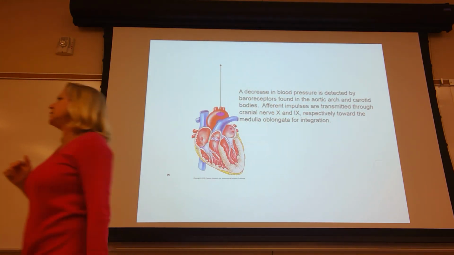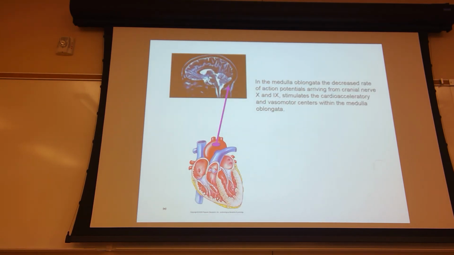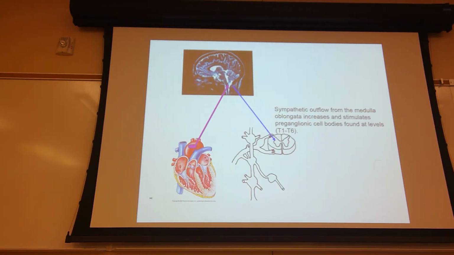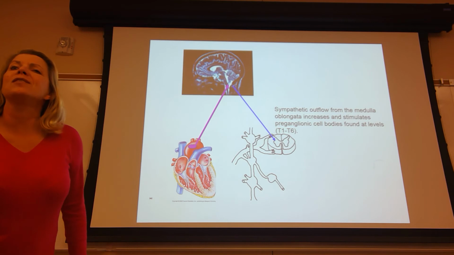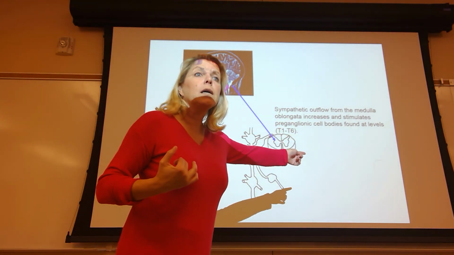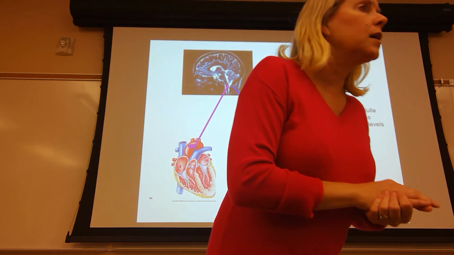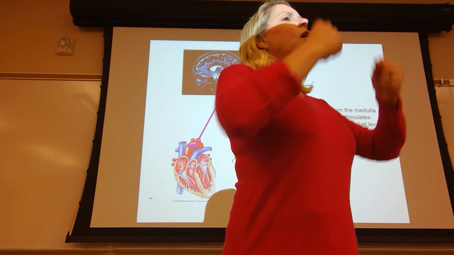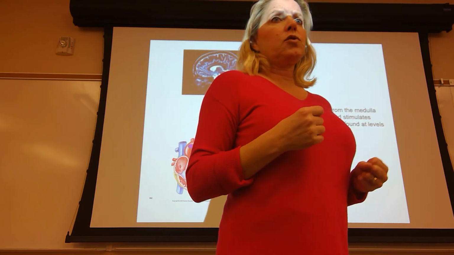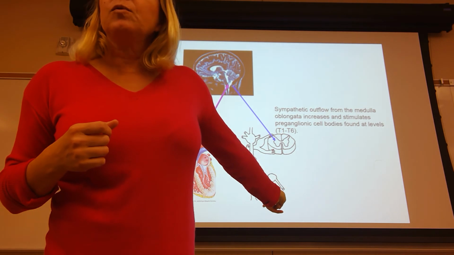The medulla oblongata is going to get all those action potentials and process them, and the resulting output, if there's too much pressure, will be parasympathetic. But if there's not enough pressure, it will be sympathetic. Not enough pressure, I need sympathetic. Increased heart rate, increased force of contraction. You need to know this baroreceptor reflex arc.